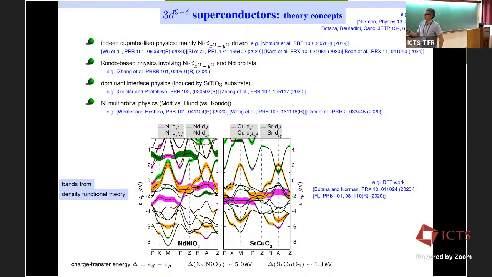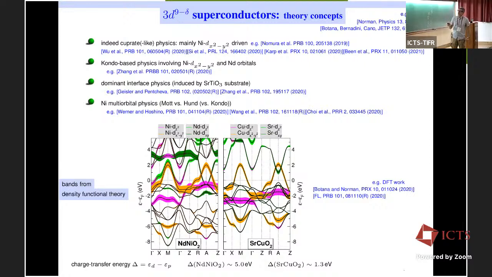First of all, there's the x minus y square character, this orange character here. It is dominant in cuprates, and there's nothing else much there. There's a bit of copper dz square character, but it's well below the Fermi level and doesn't pop up towards low energy. Whereas in nickelates, it's always a bit more complicated.